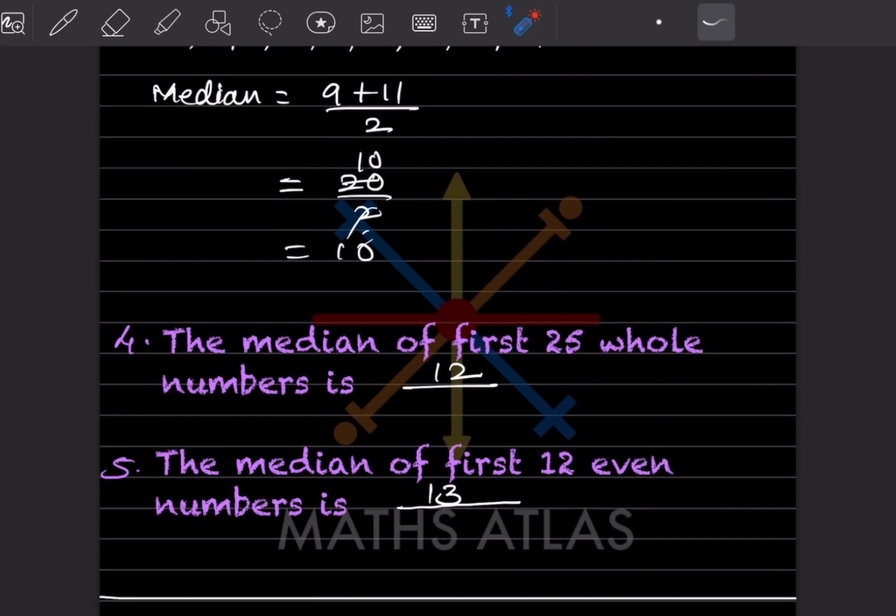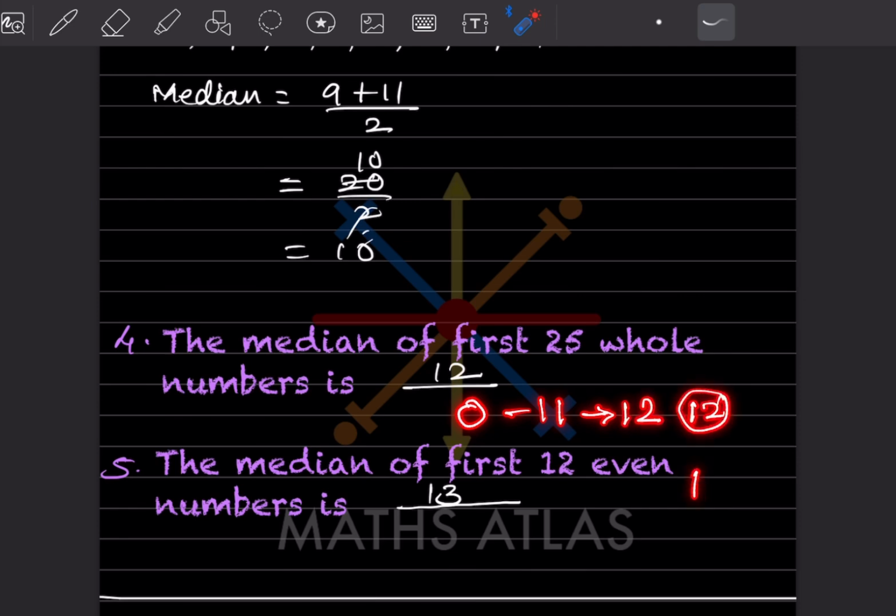The median of the first 25 whole numbers. Whole numbers means you are going to start with 0 and not 1. So 0, 1, 2, 3, we are going to take till 25. Now if we take from 0 to 11, that is going to be 12 numbers. So the 13th number is going to be 12.